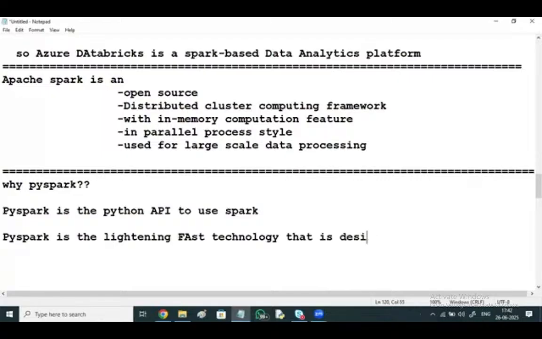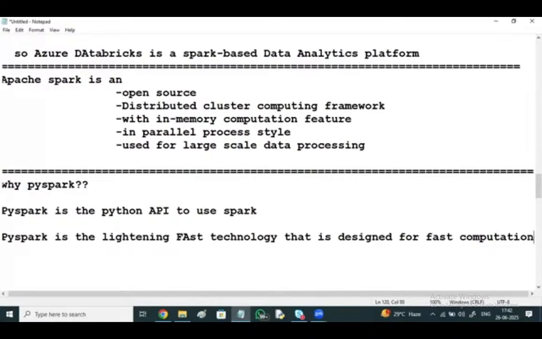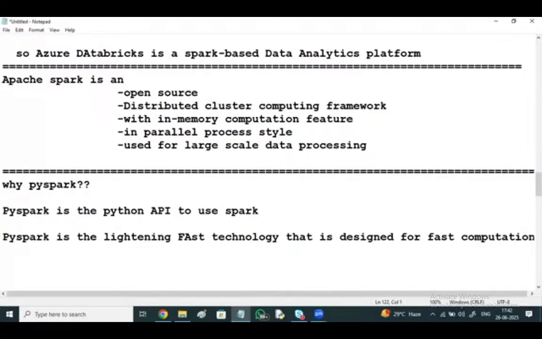It is one of the demanding tools among the data engineers to work with bigger data sets.